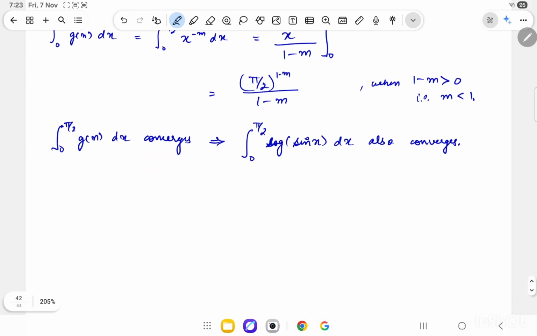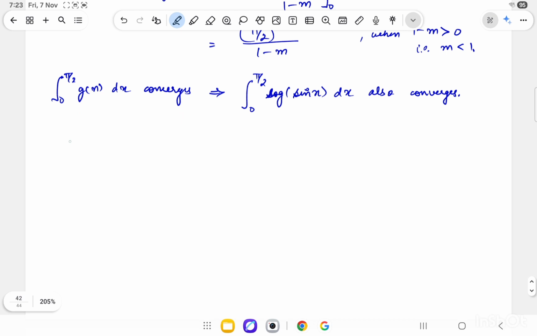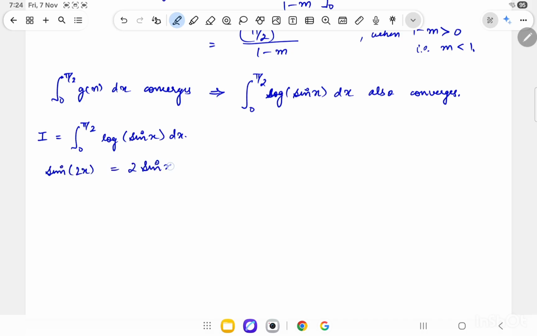Now we are supposed to evaluate this as well. So we have our integration I as integration from 0 to pi by 2 log sin x dx. We also know the result that sin of 2x is equal to 2 sin x cos x.